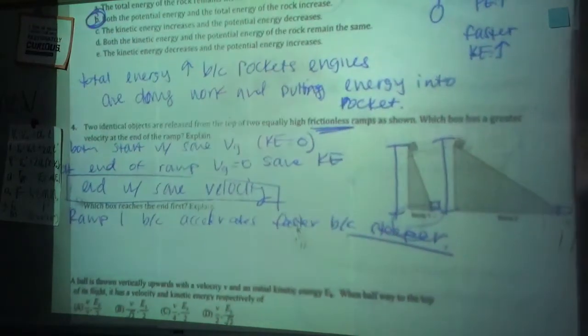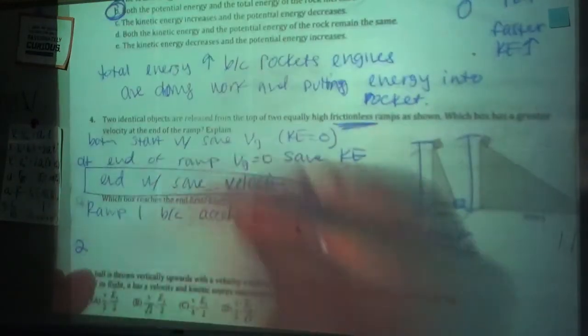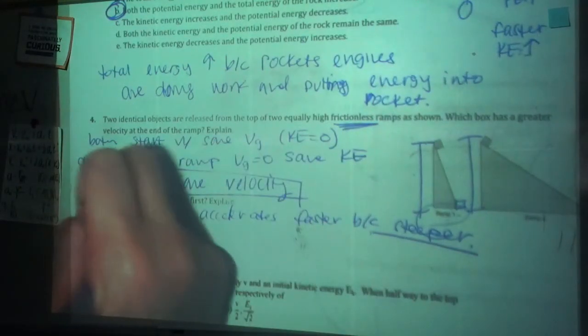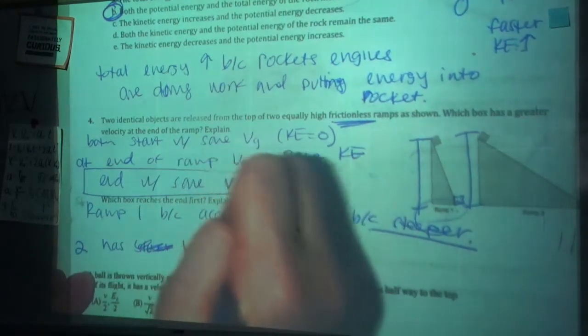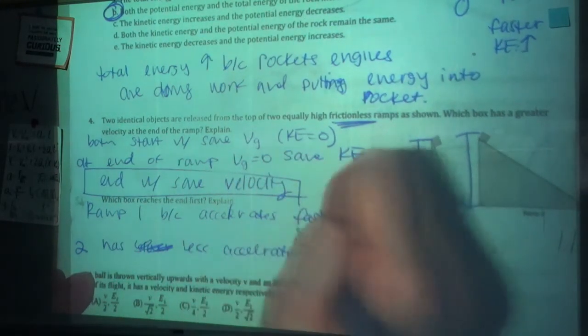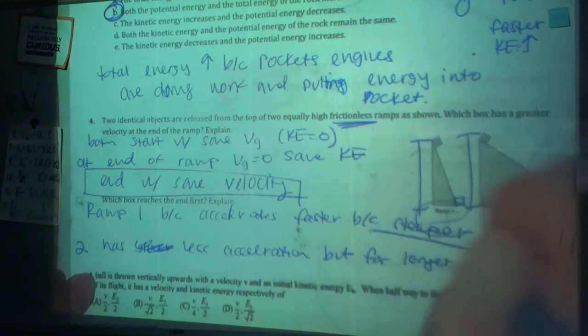Now some of you are like, wait, if this one accelerates faster, then how do they end at the same velocity? My answer would be that ramp 2 has a slower acceleration, I'll say less acceleration, but for a longer distance and a longer time.